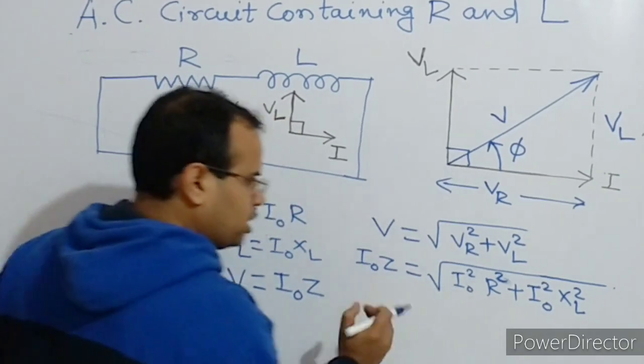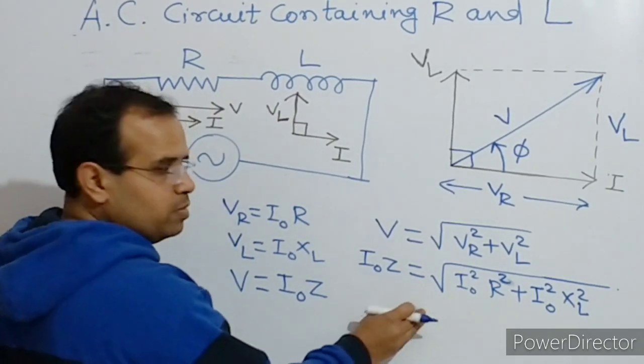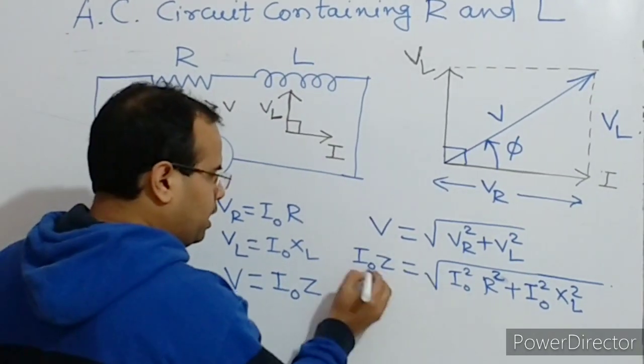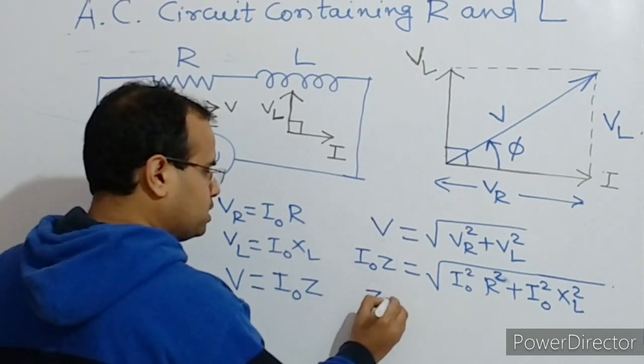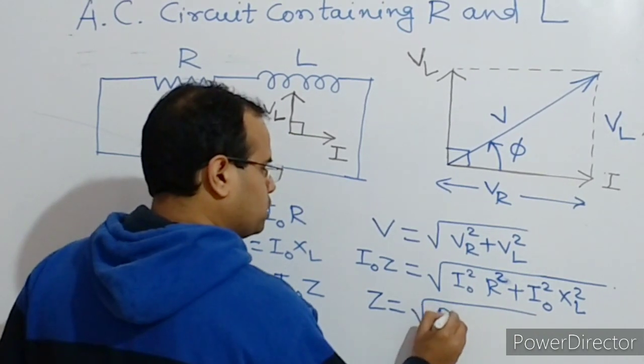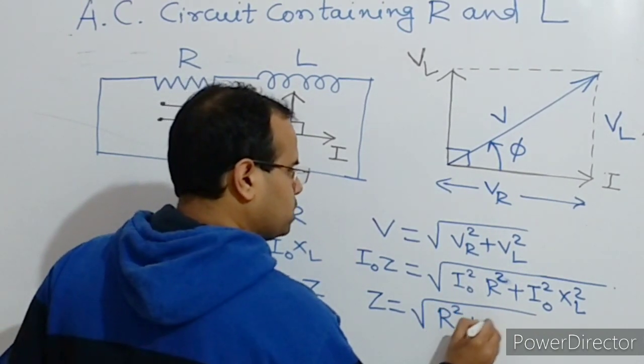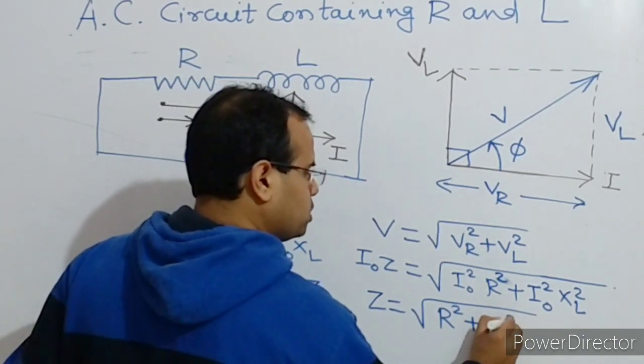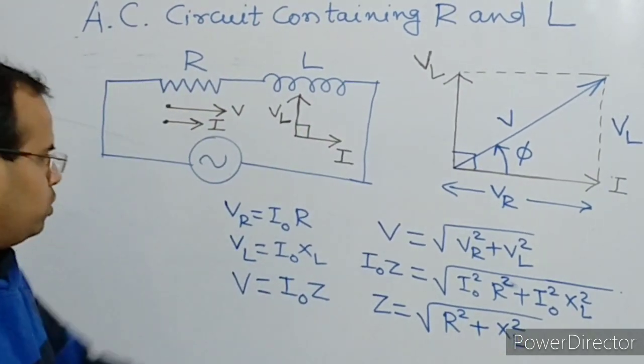Now I naught square is taken common, so I naught comes out of the square root, and I naught will cancel, so we get Z equal to under the root of R square plus XL square.